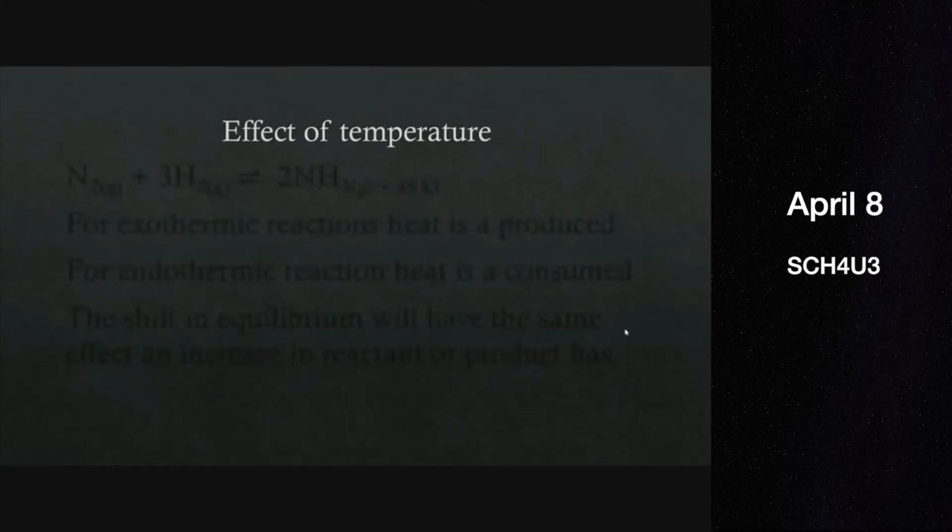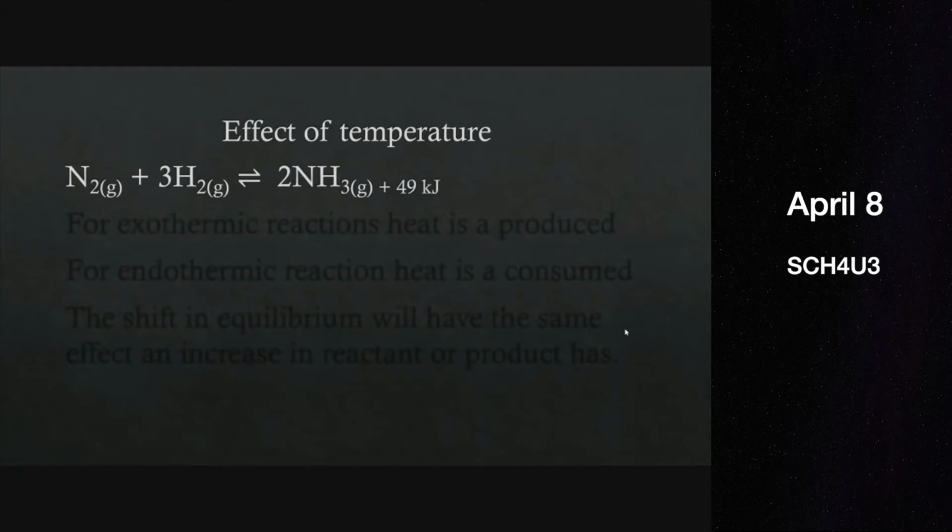Now, effect of temperature. This reaction is an exothermic reaction. There are a number of ways you can look at it. One way would be to consider heat as a product or a reactant. It makes it easy for our argument. If you increase the reactant, we try to consume the reactant. If you increase the product, we try to consume the product by forming reactants.